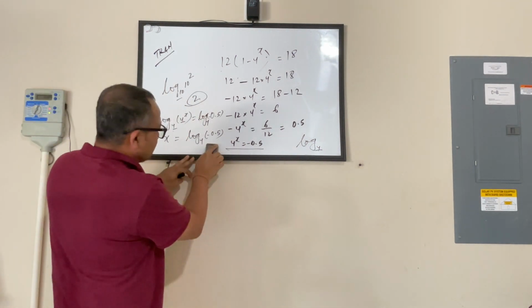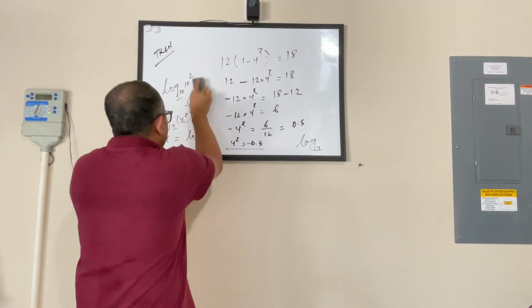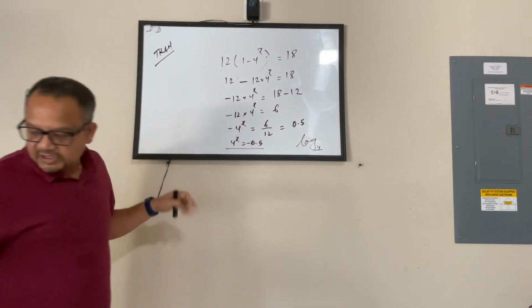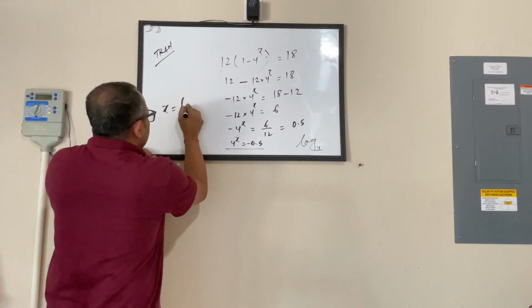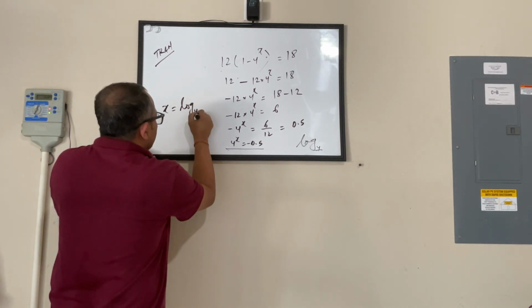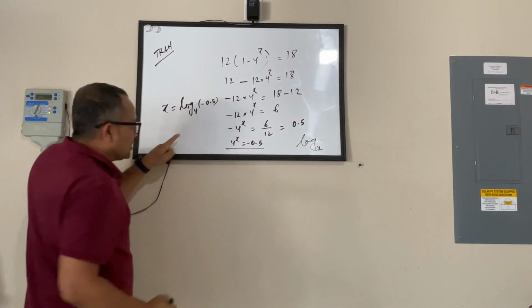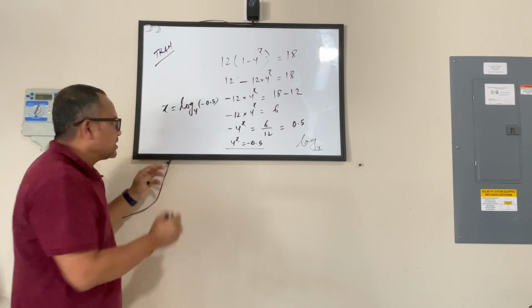So even if you don't do logs here, if you compute it here also, what we got was x equals log of 4, log of minus 0.5. This is a situation of no answer, because we have just converted that to a log, right?